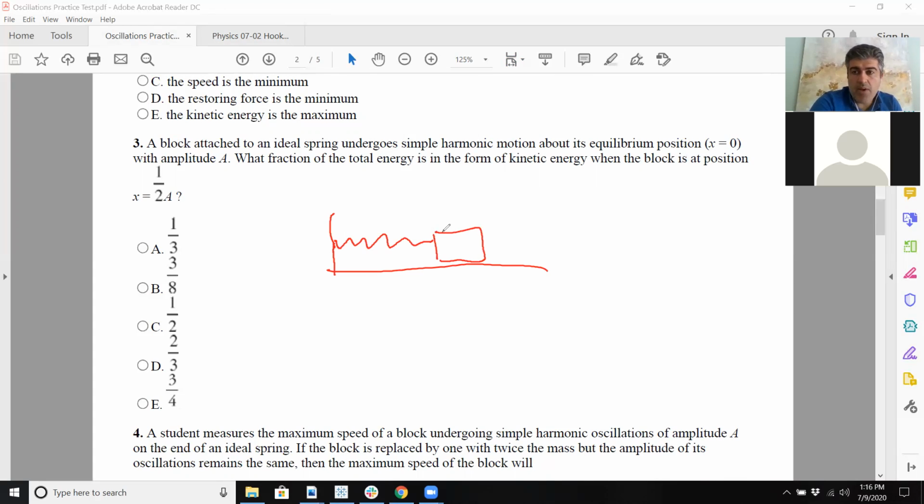You could stretch it out or compress it, but right now it's not moving, so there's no kinetic energy whatsoever. So it's 100% potential energy, and the formula for potential energy for a spring is 1/2 kx squared.